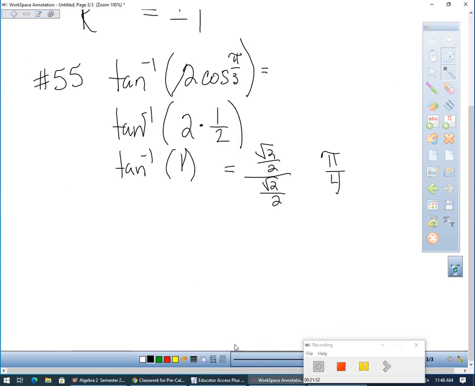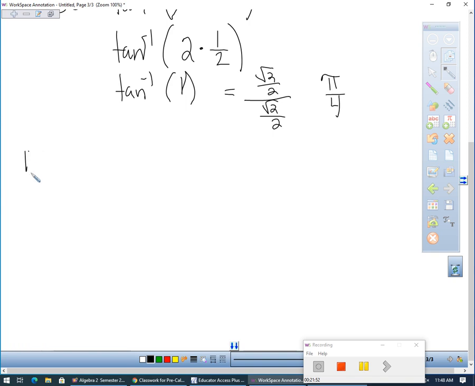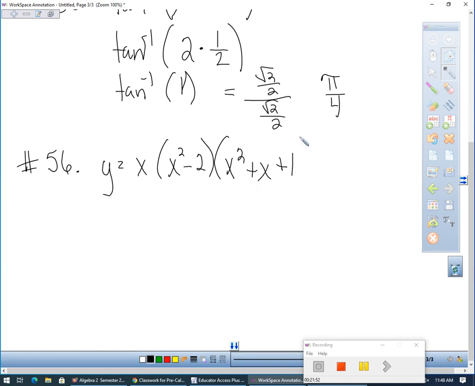All right, number 56. In the xy plane, the graph of, we have y equals x, and x squared minus 2, and x squared plus x plus 1. And it wants to know how many different points it intersects the x-axis.